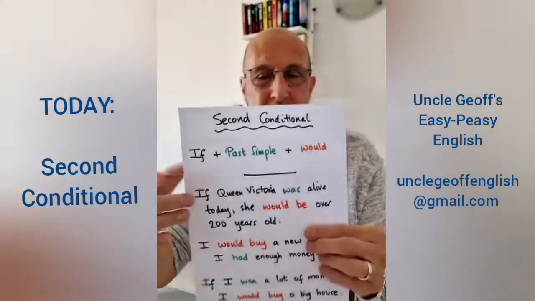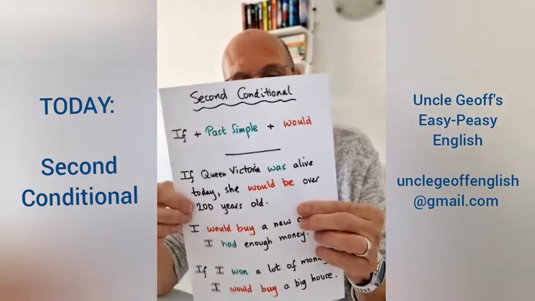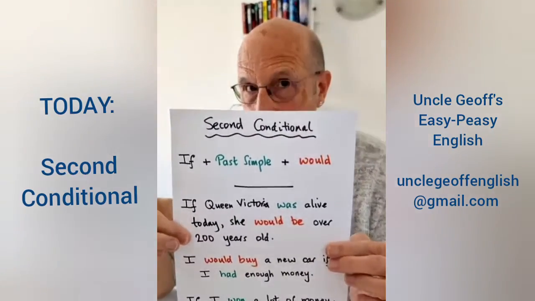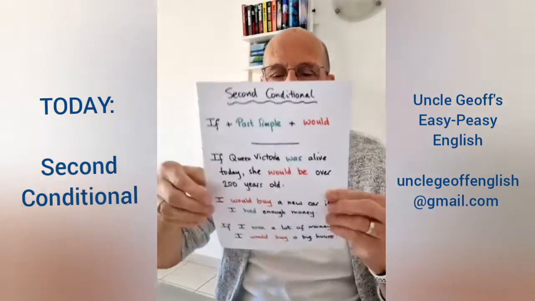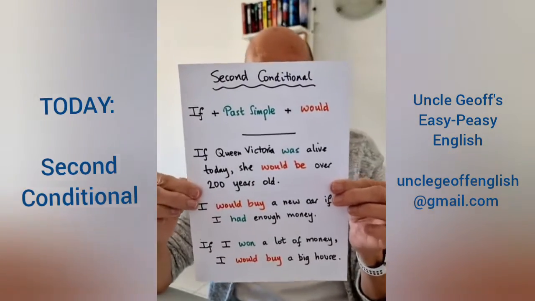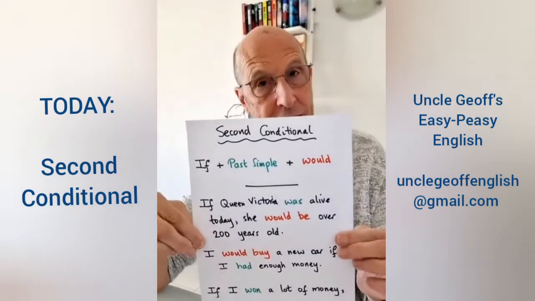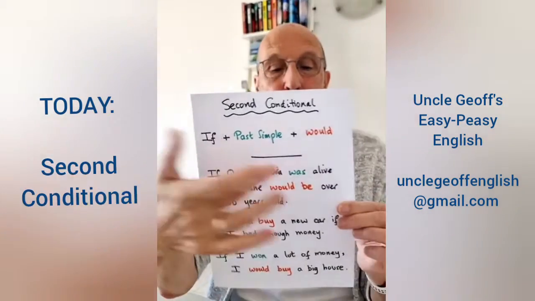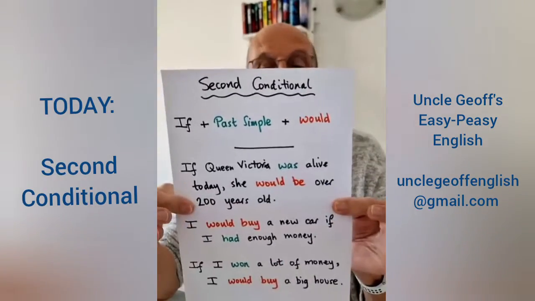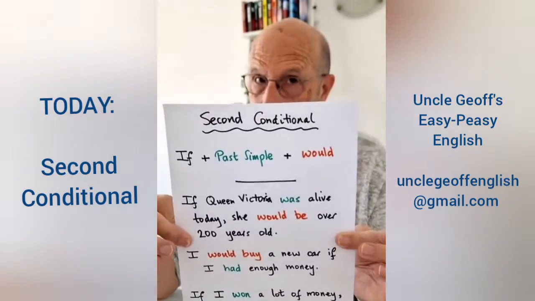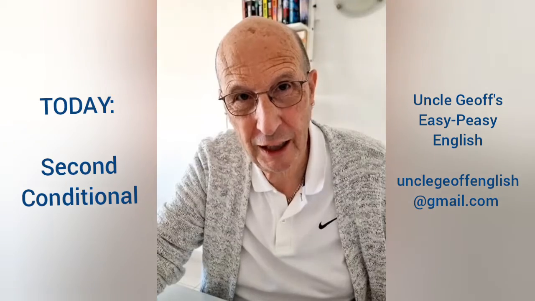Have a look at some example sentences. If Queen Victoria, a past queen from a long time ago in England, if Queen Victoria was alive, so she was, he, she, it was. If Queen Victoria was alive today, is she alive today?